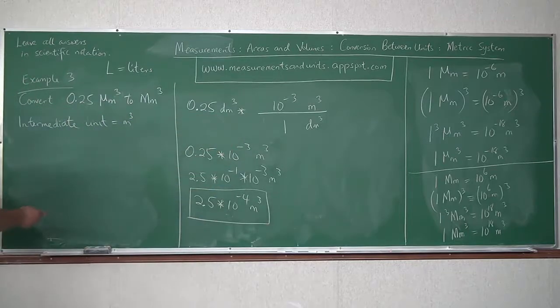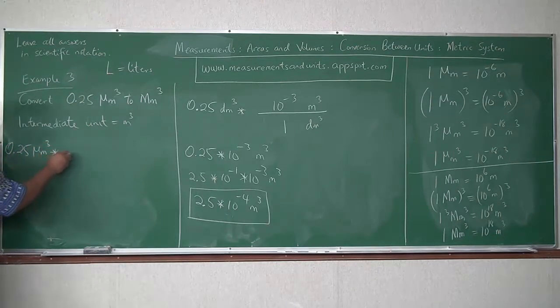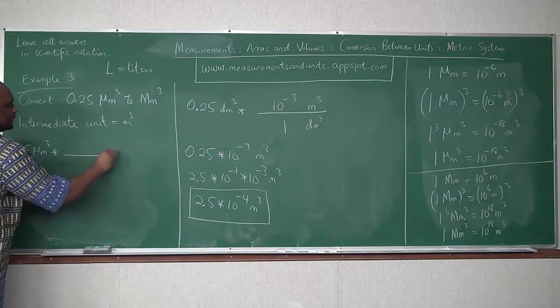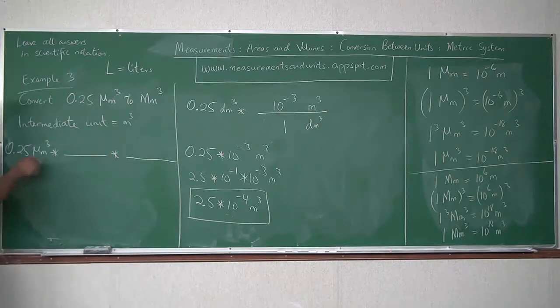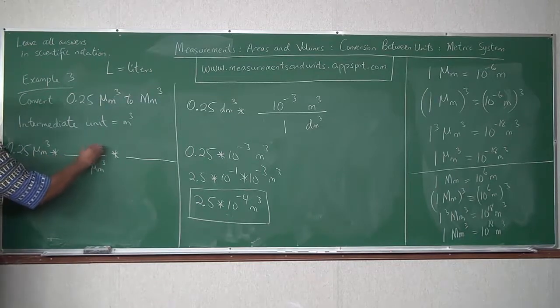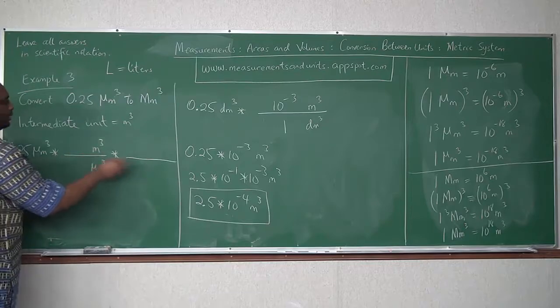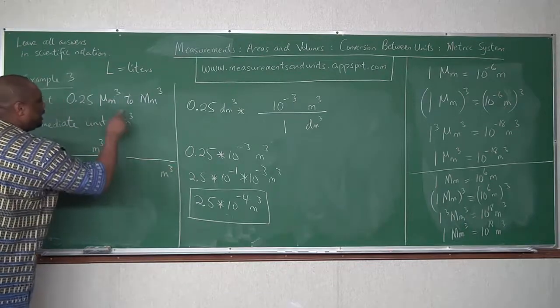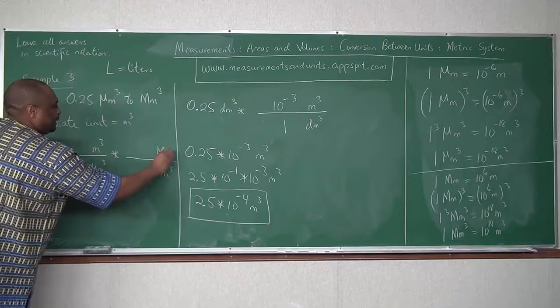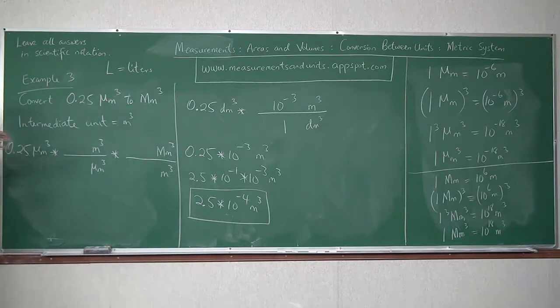So now this will be 0.25 micrometer cube times, okay, this here will be micrometer cube, and this here will be meter cube, and then here will be meter cube, and here will now be megameter cube. You want to set it up in a way that it can always cross out.